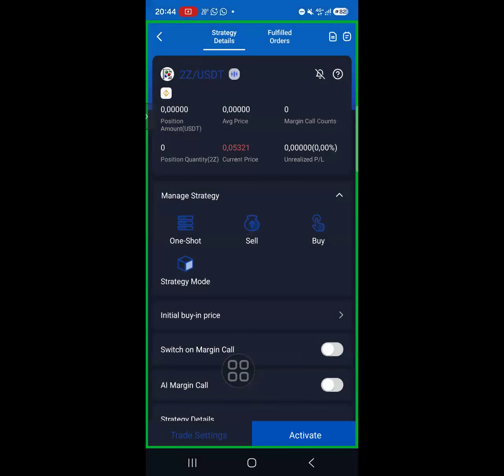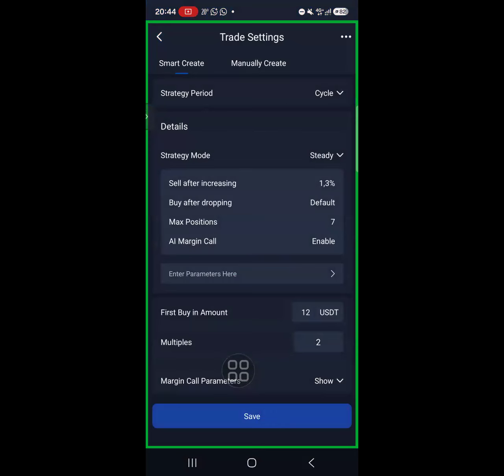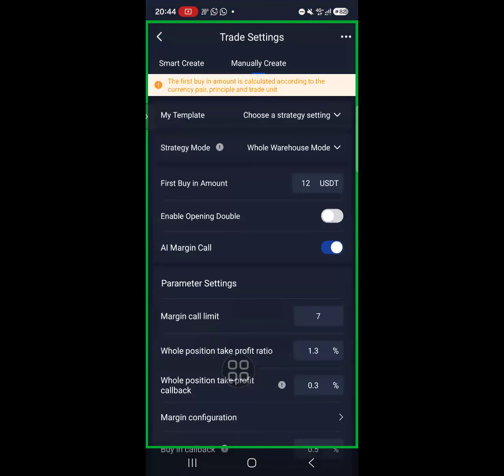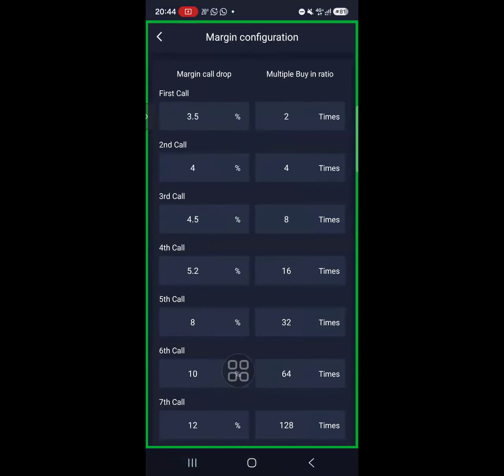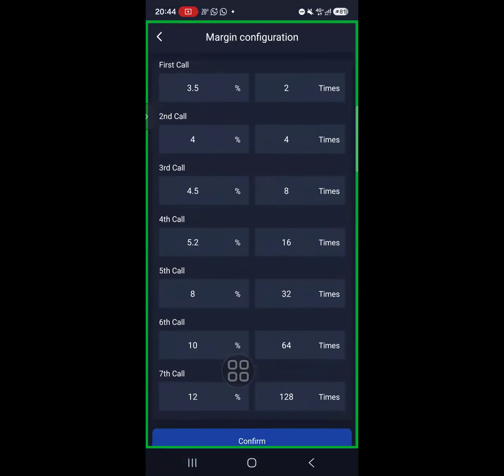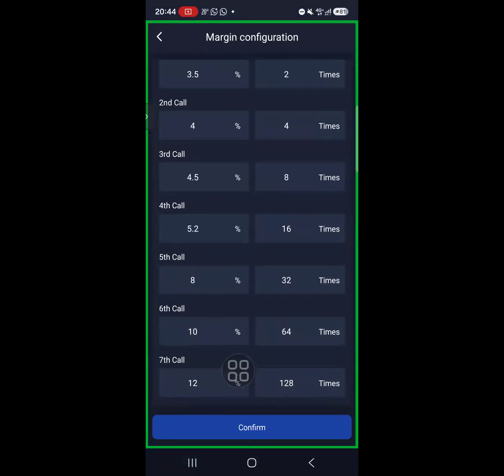So when you open the trade setting page manually, and then you come to the trading parameters, then you open the margin configuration here. Can you see what is here? It is the steady one. It normally comes with the steady one.